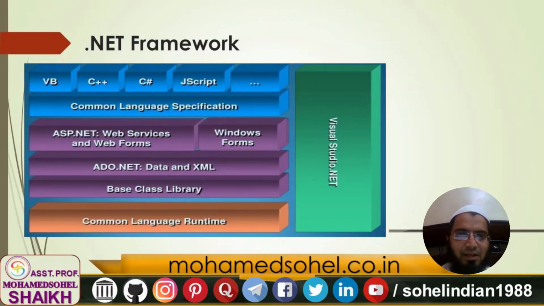And finally, I add a single point to the CLS. CLS defines a minimum standard that all .NET language compilers must conform to, and ensures that any source code compiled by a .NET compiler can interoperate with the .NET framework.